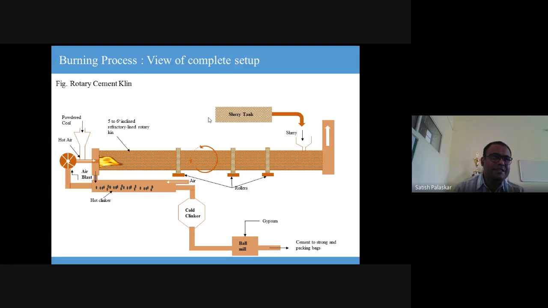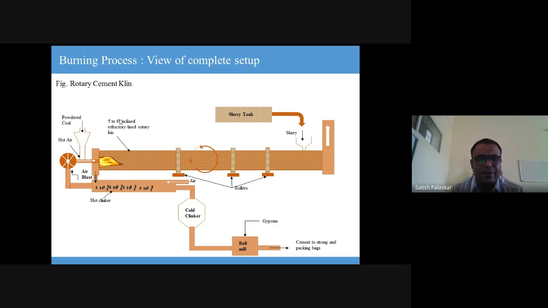Now, after the mixing, either for the dry process or the wet process, it comes to the second part, that is the burning process. Here you will see the slurry tank from where the material is poured, and the rotary kiln, which rotates 1 revolution per minute and is inclined 5 to 6 degrees with the horizontal.